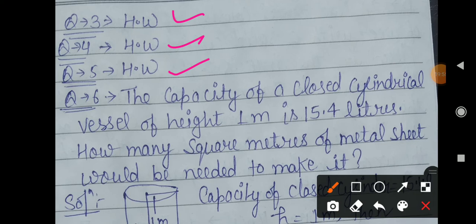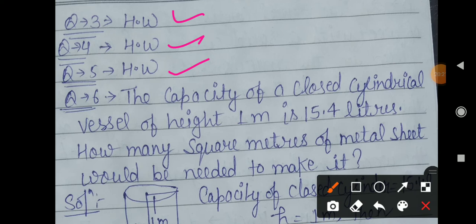Here the total cost is given, 2200 rupees for painting the curved surface area, and the height is also given, 10 meter, and the cost per meter square is also given. Then you divide the total cost by the cost per meter square, and you get the curved surface area, and the height is also given here.